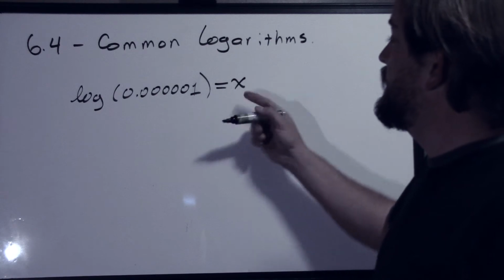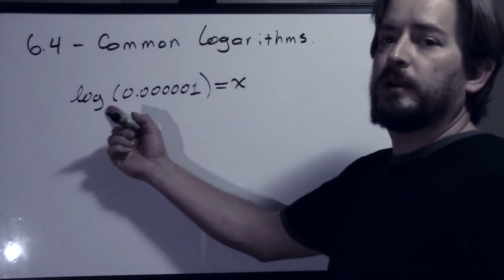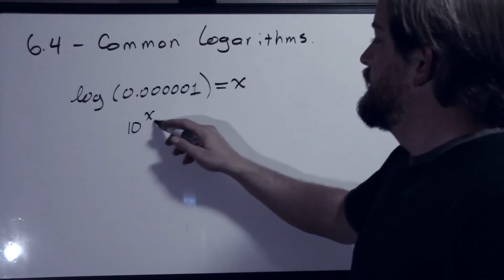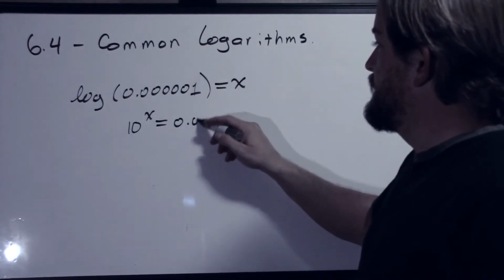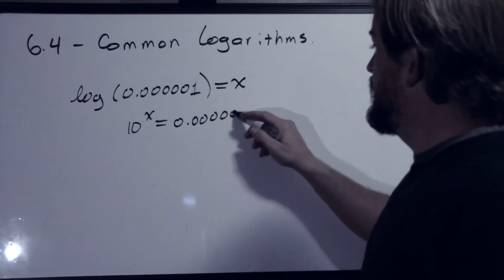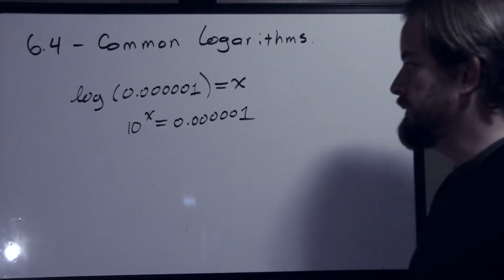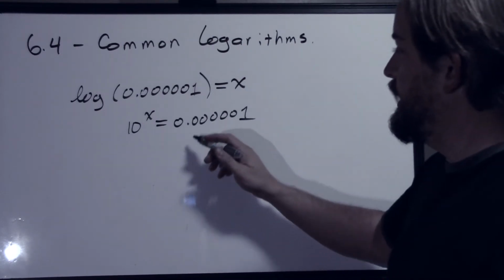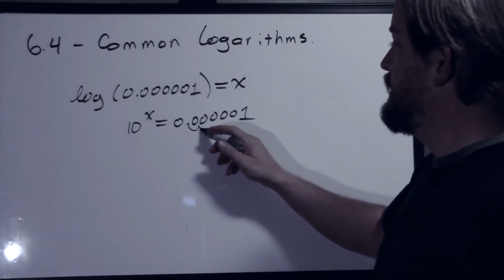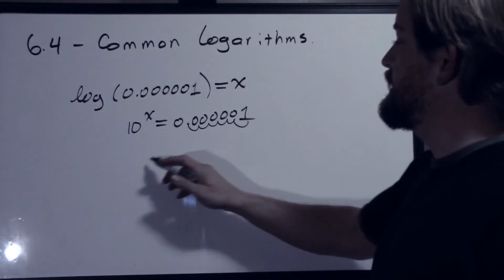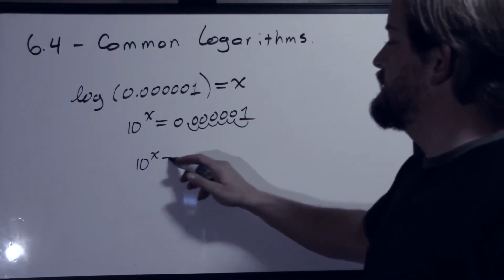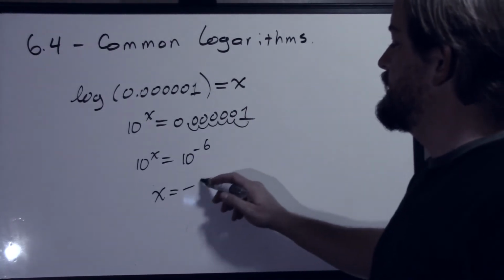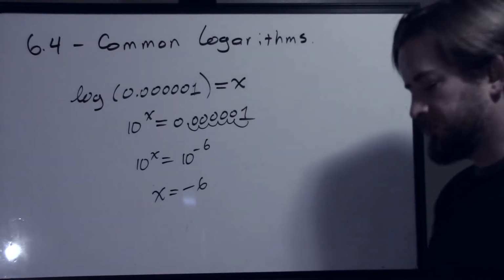I don't know what it is, but writing it this way, I can rewrite it as an exponential: 10 raised to the x is equal to 0.000001. On the right hand side, you'll note that this is 10 to a negative power, and in fact this is just 10 to the negative 6, counting the places: 1, 2, 3, 4, 5, 6. So 10 to the x equals 10 to the negative 6, and therefore x is negative 6.